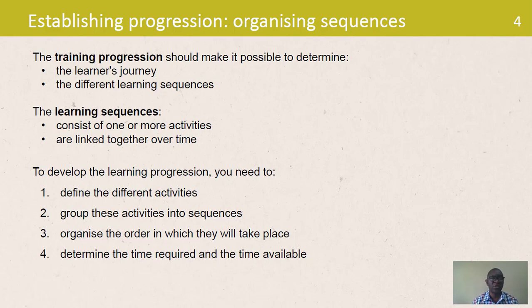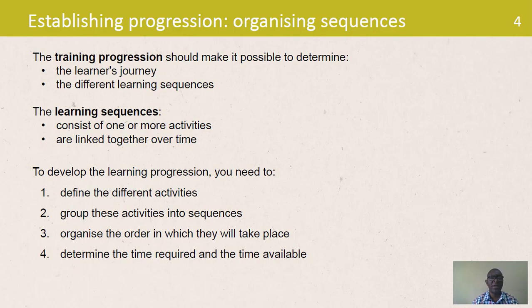Learning sequences consist of one or more activities to achieve one or more learning objectives. Learning sequences are made up of a continuous or discontinuous set of activities linked together over time, such as 1 hour, half a day, 2 days.